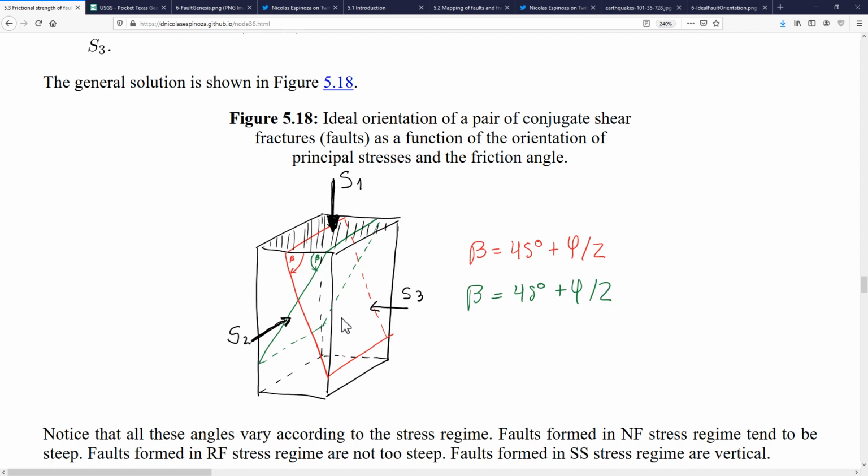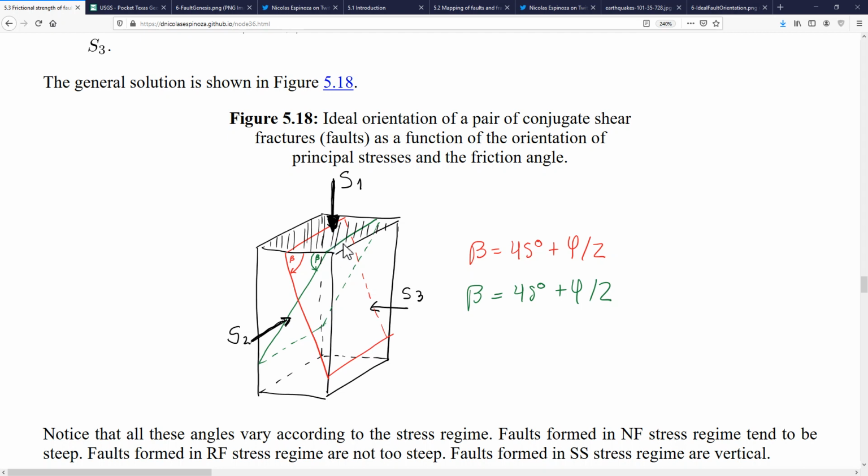In this three-dimensional element, if I had shear failure, according to the theory of shear strength, I would have a fracture that forms at an angle beta from the plane of the maximum principal stress. And we have seen this in some of our experiments that we did in the laboratory.